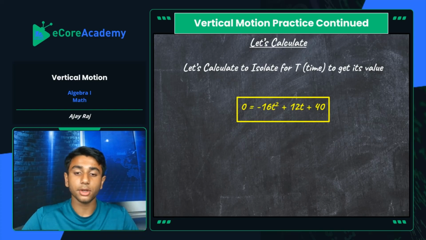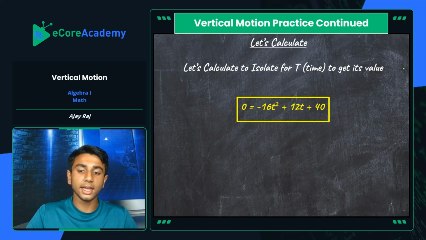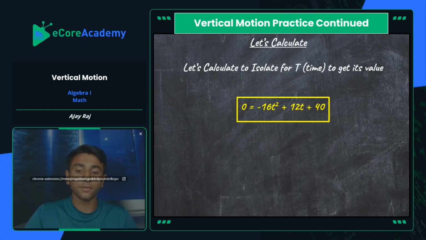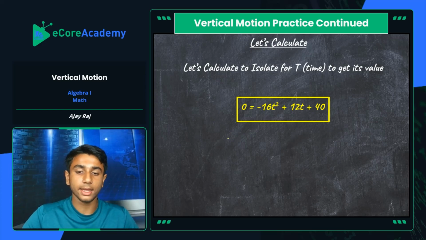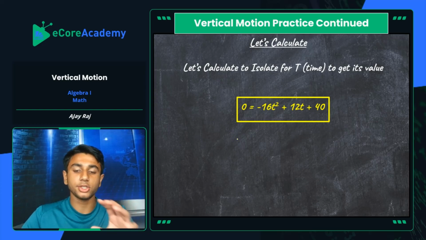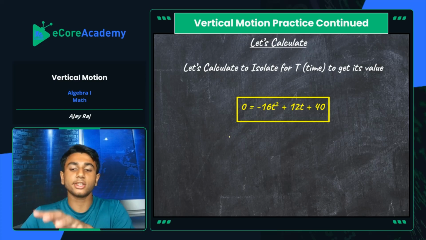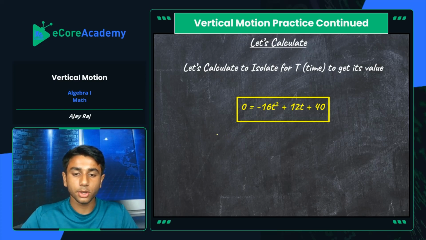The first thing that we're going to do is isolate t, essentially. We're going to factor out the right-hand side of our equation. Factor out as much as we can from that right side to make a smaller, condensed equation. So we're going to put 0 on this side, and then, of course, we're going to factor out our negative 4.